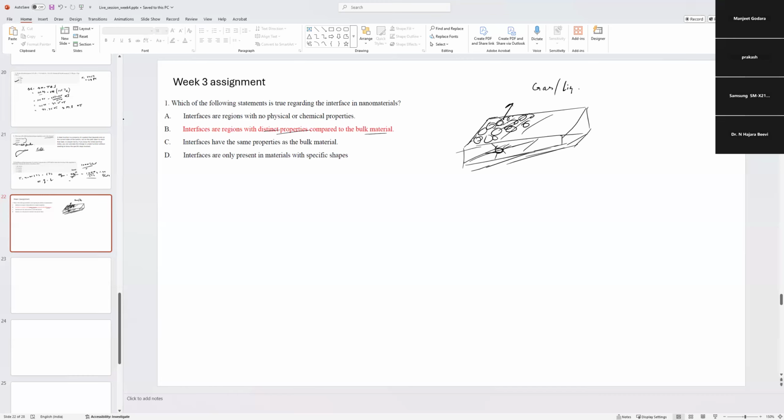Now we can eliminate other options. Interface, no physical or chemical properties? Since these are unfulfilled, the valency is unfulfilled, so they're only bonded in these five directions. The vertical direction is incomplete. The bond here is incomplete, right? So it is reactive, so it has chemical properties. Same properties as a bulk material?